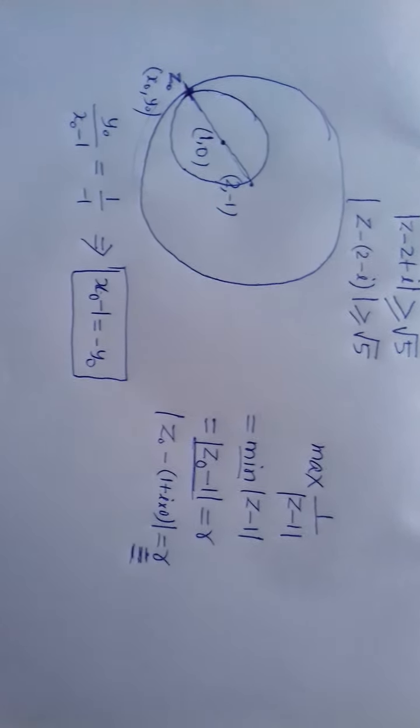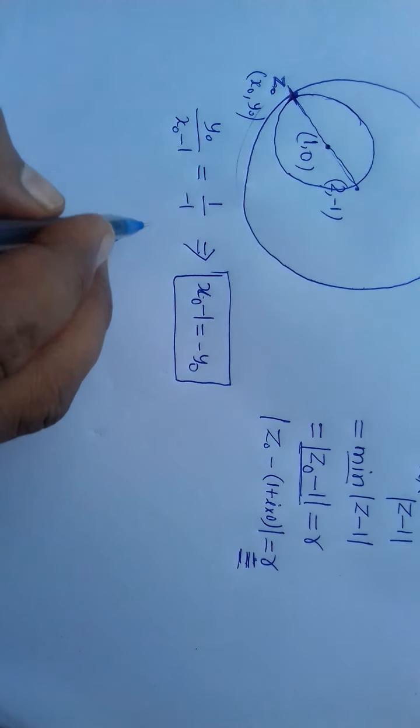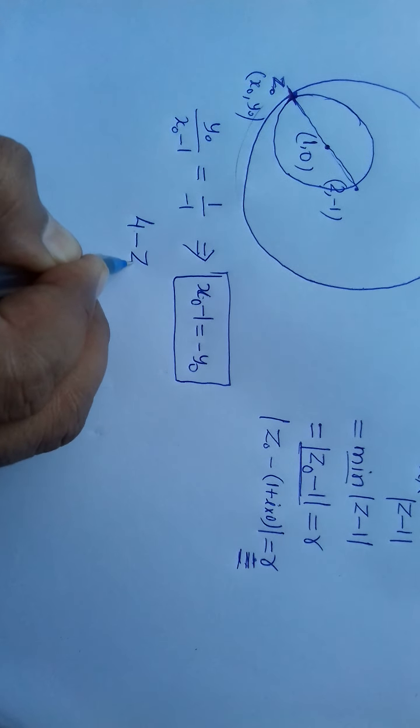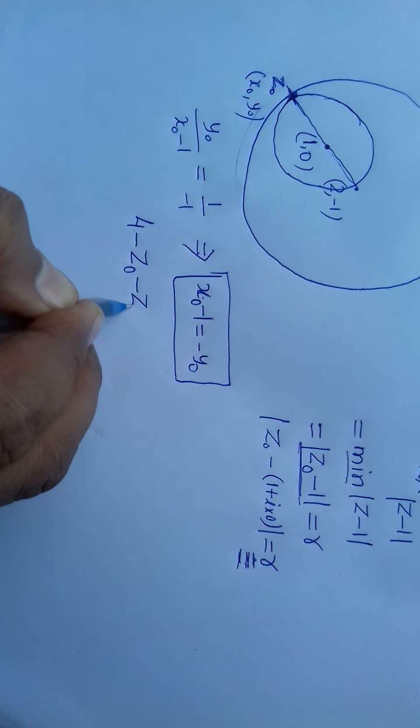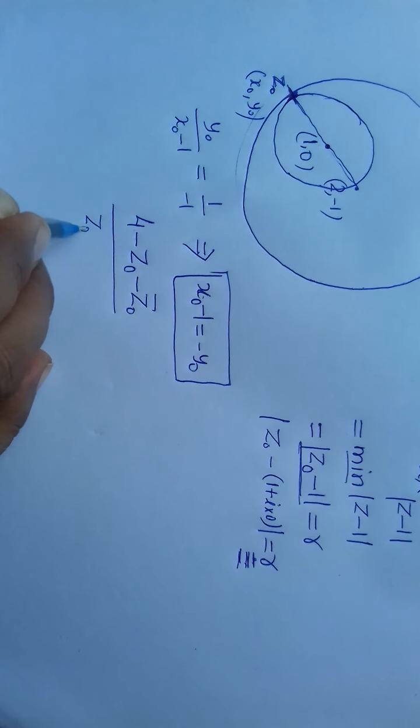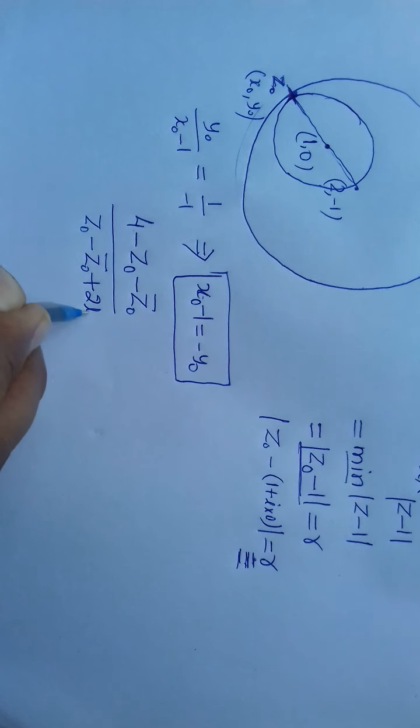Now in the question it is given we have to find the arg of (4 − z naught − z naught bar) over (z naught − z naught bar + 2i).